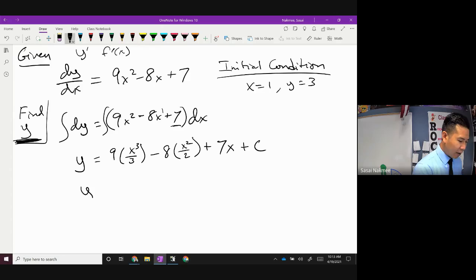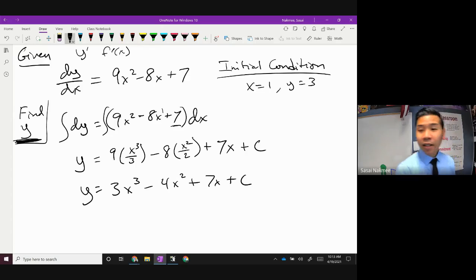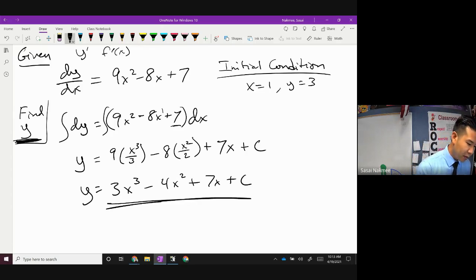Simplify everything out. I have here y is equal to 9 divided by 3 is going to be 3x cubed, minus 8 divided by 2 is going to be 4x squared, plus 7x plus c. Take a second when you get to here and double check that your integral is done correctly by taking the derivative of this. Do it off on the side somewhere.